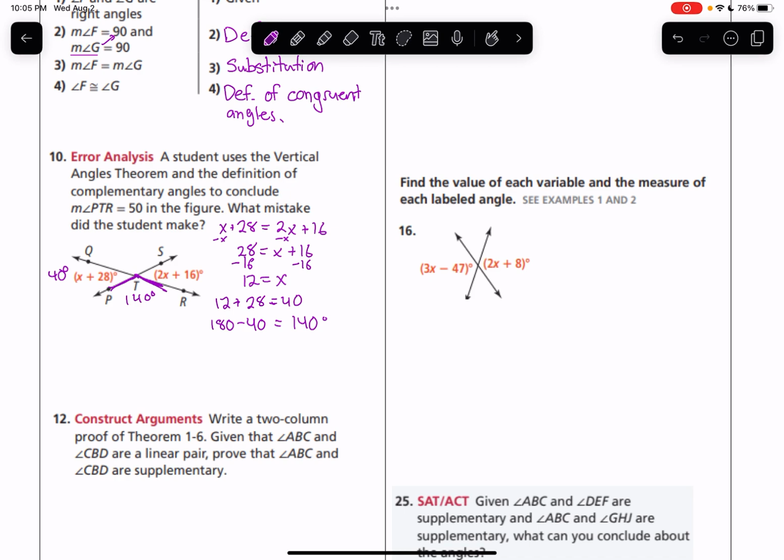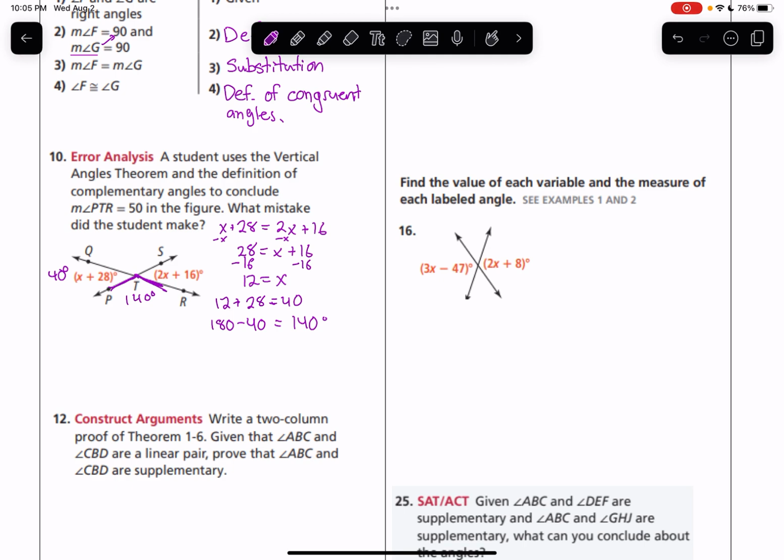So we have to think, what is the mistake that the student made? Well, if they said it was 50 and this one was 40, it looks like they used 90. They used complementary angles instead of 180 for supplementary angles.